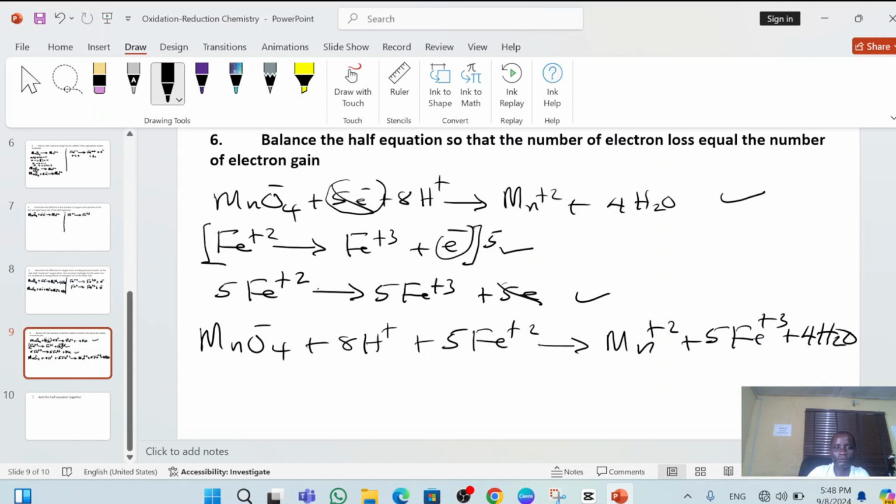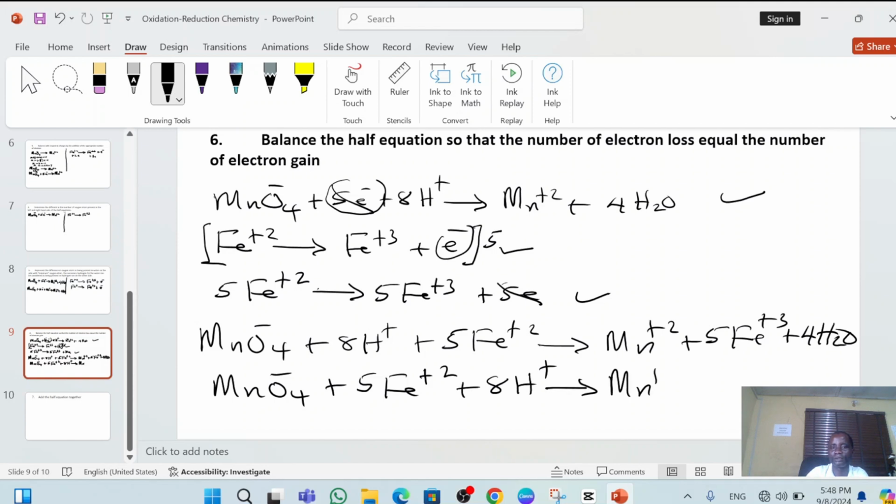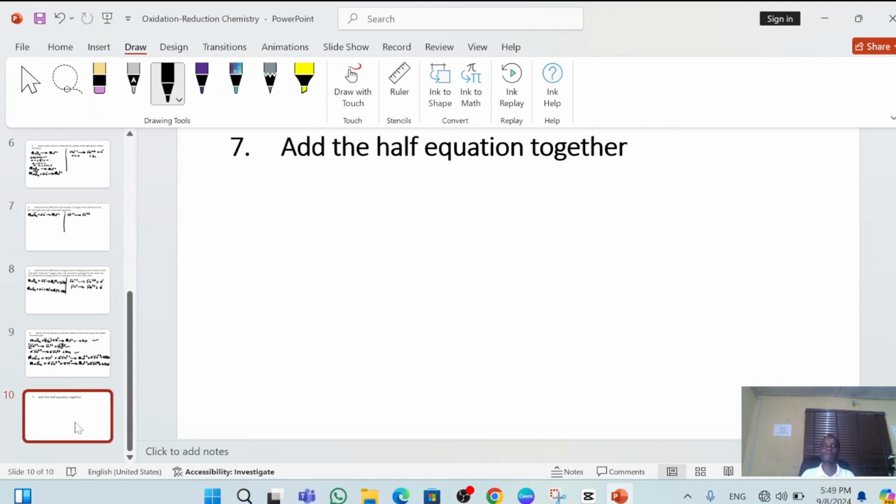But you need to write it in such a way that we have MnO4 minus plus 5 iron 2 plus ions plus 8 hydrogen ions give Mn2 plus plus 5 iron 3 plus plus 4 molecules of water. Now that equation is balanced. Now let's rewrite it perfectly here.